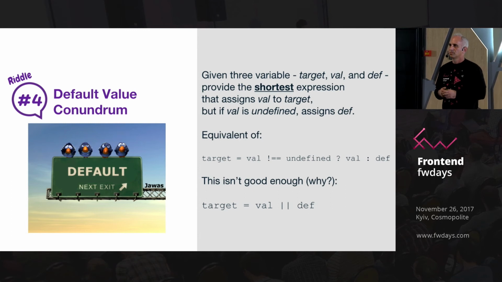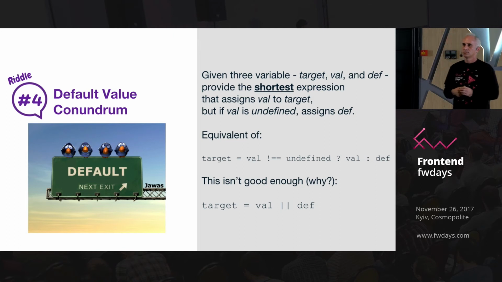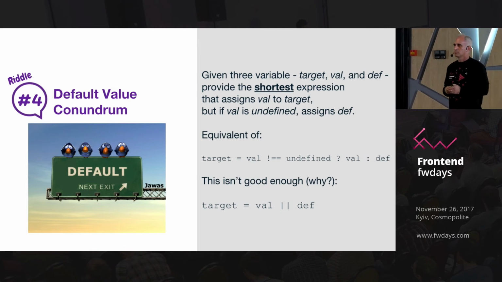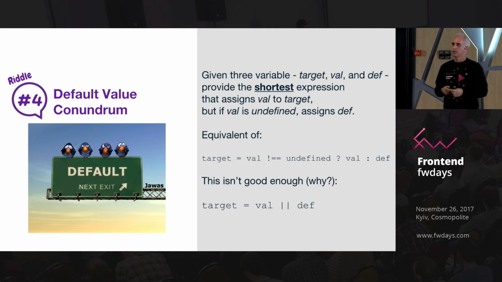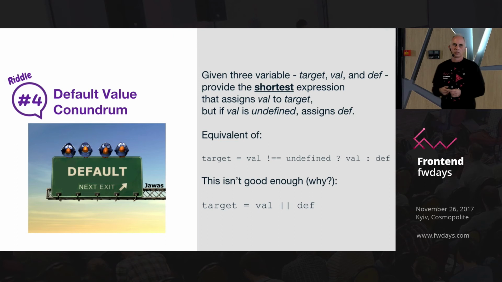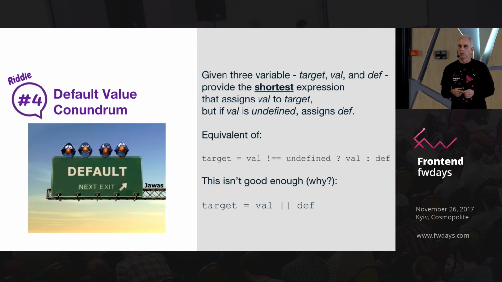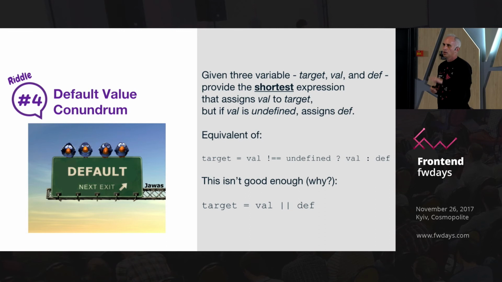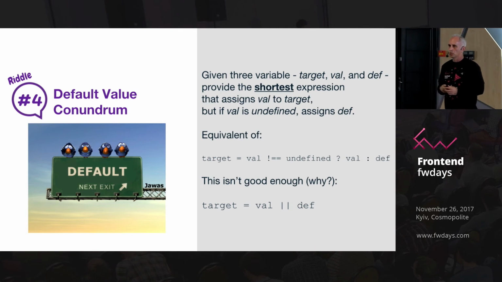In parentheses, whether val equals void 0 and val, then I close the parenthesis, or def. Yeah, so basically you're using void 0 instead of undefined. By the way, void is one of the funniest operators in JavaScript, and probably we can create all sorts of riddles around that, but that's not the solution that I'm looking for.